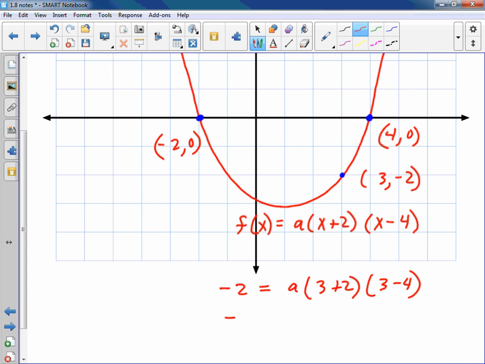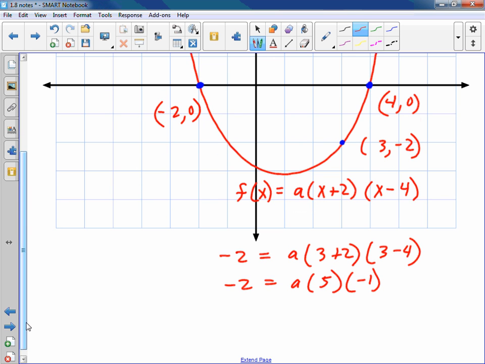So I can say -2 equals a times 5 times 3 minus 4. Watch your sign. It is -1. So now I can say -2 equals a times -5.